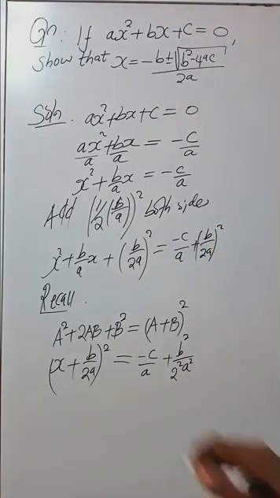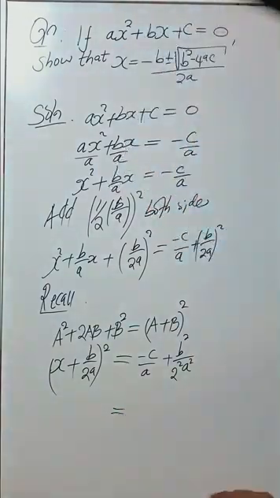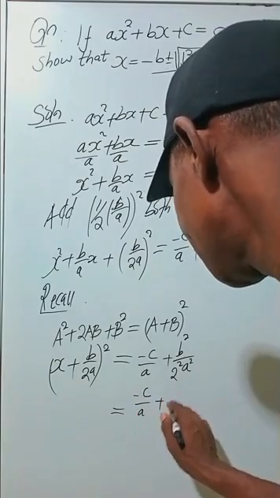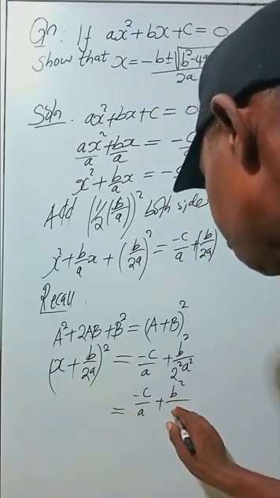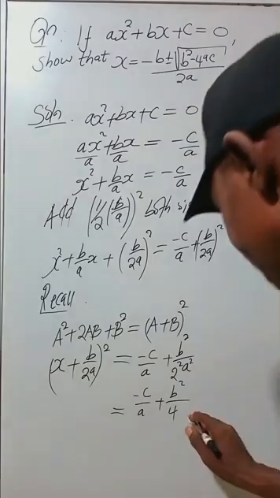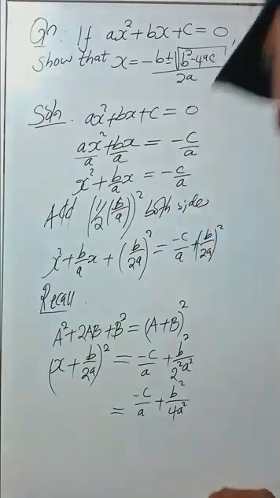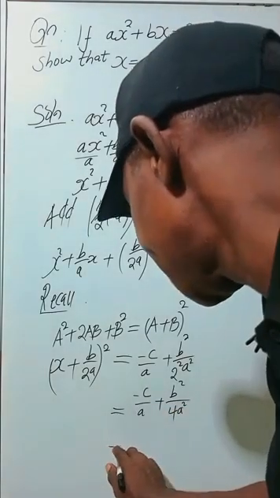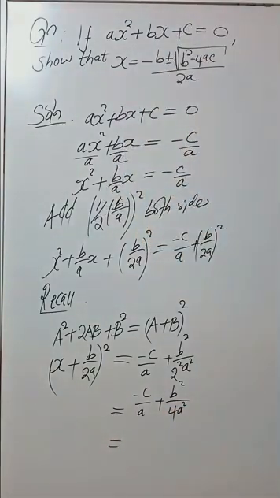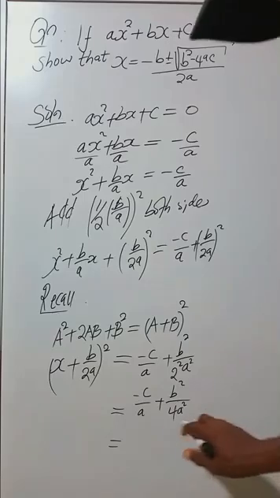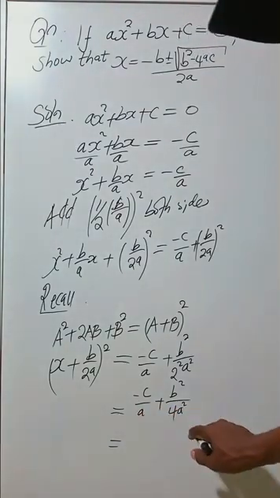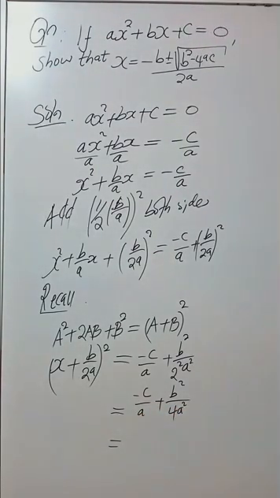So maintaining the left-hand side, the right-hand side becomes negative c over a, then plus b squared over 2 squared, this gives us 4, a squared retains its form, and that's what we get. Then the right-hand side now becomes, let's look for the LCM. The LCM of a and 4a squared definitely is 4a squared.